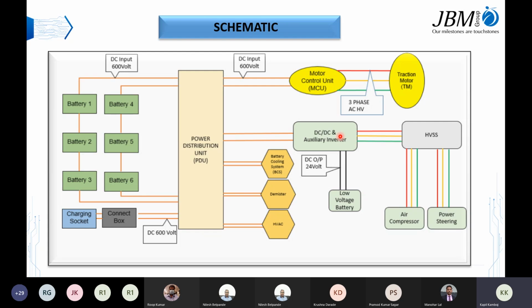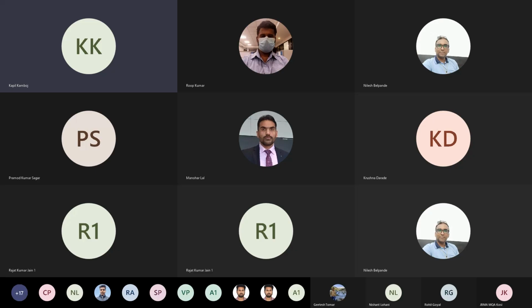It has a 3-phase contactor, which is controlled by our ECU, or we can say our multiplexing node. When we have to switch on or switch off the air compressor, that information also comes to the multiplexing ECU through the brake system.